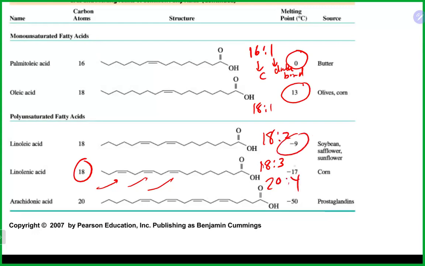You can see a dramatic dropping of the melting point, again, because they are not able to be really tight to one another. So we do see a real drop in the melting point. So as you add more double bonds, you're going to affect things like the melting point. You're going to actually lower it because you're not going to get that really tight interaction that you see with a saturated fatty acid.